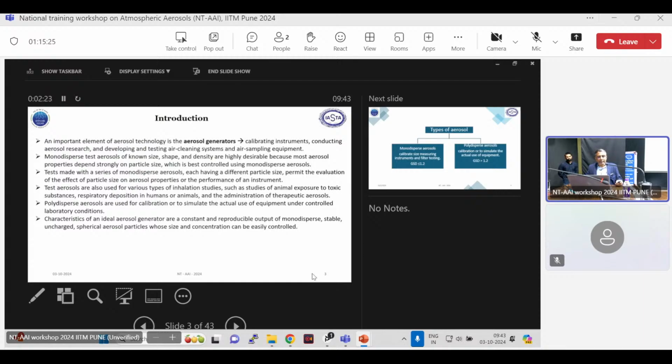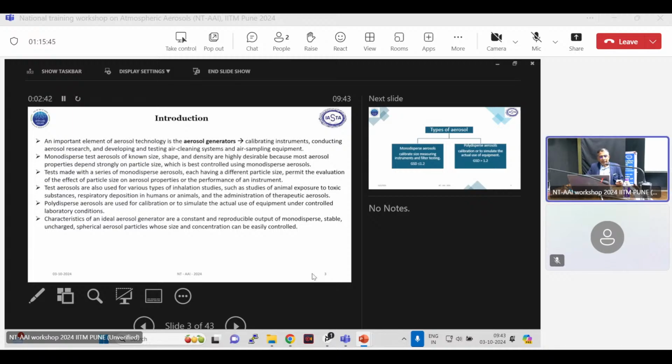Monodisperse test aerosol also needs to be understood, like the size, and shape, whether it is spherical or non-spherical, and their density, whether the density is deviating from the material density. If there is an agglomerated particle, of course the density will decrease from the material density.